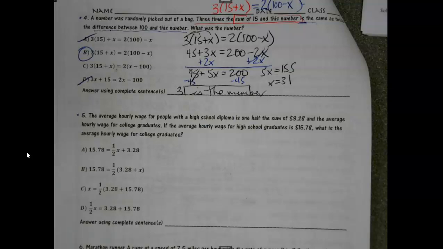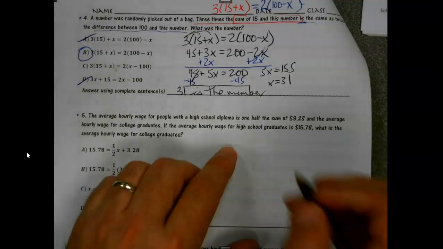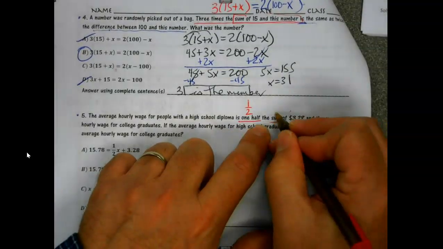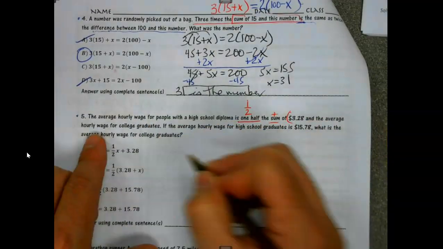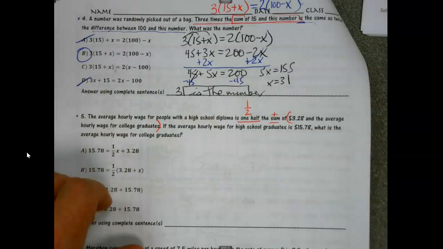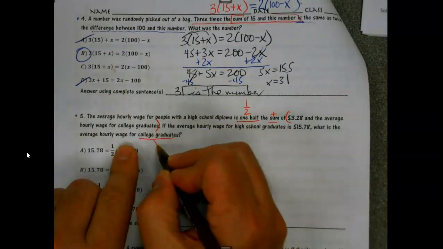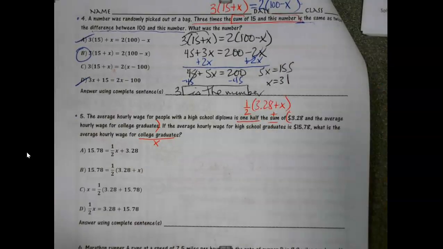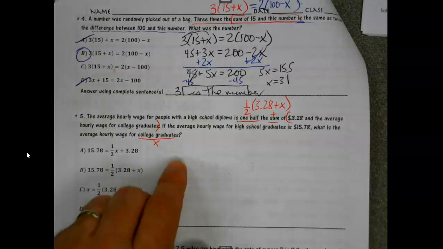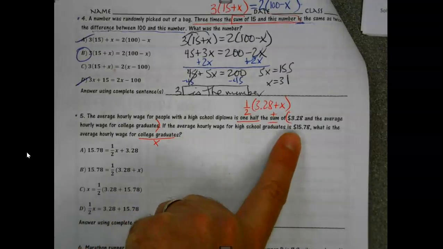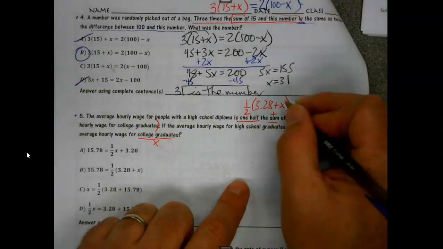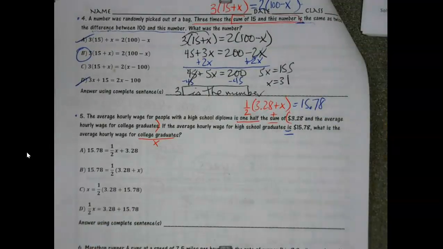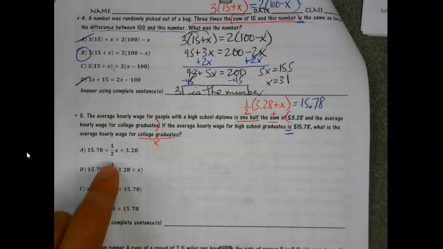The average hourly wage for people with a high school diploma is 1/2 the sum, okay, here we go again, the sum of $3.28 and the average hourly wage for college students, which is our X. So 3.28 plus X. If the average hourly rate for high school graduates is $15.78, is equals. What's the average hourly rate for college graduates? That's got to be it.